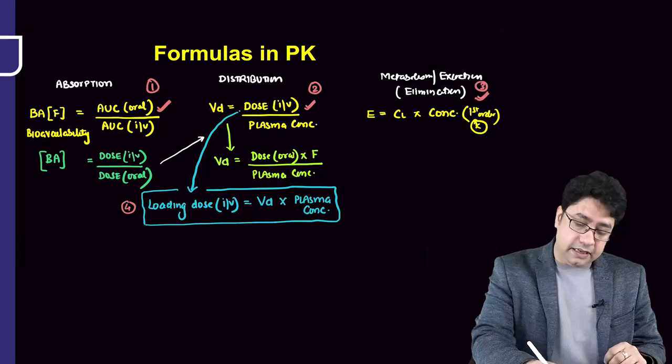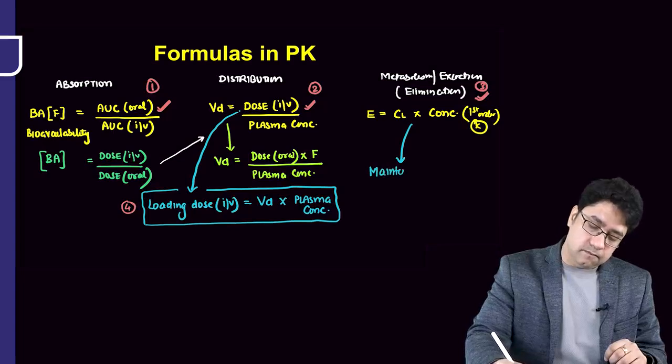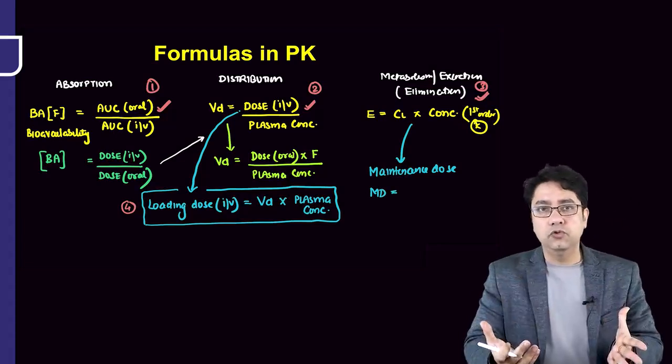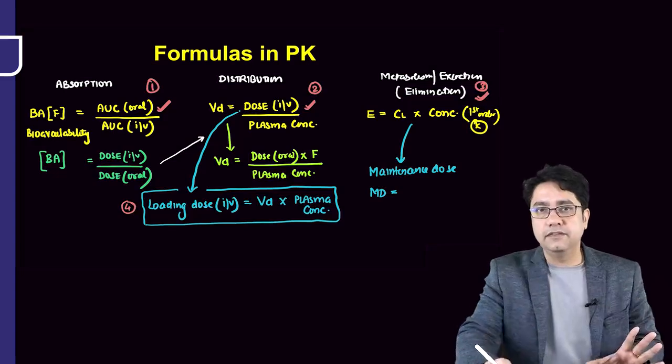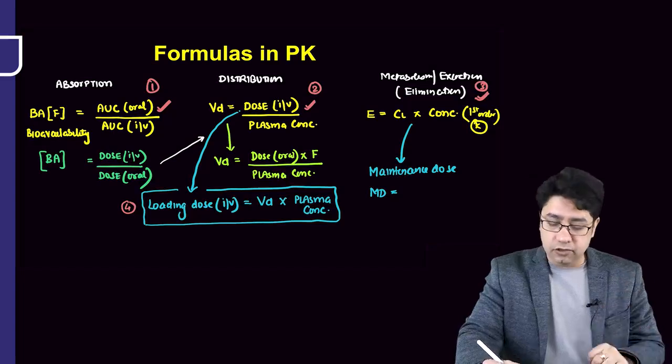And from elimination, we will derive another formula of maintenance dose. And I will be telling you that maintenance dose is nothing, it is equal and opposite to elimination rate. So elimination and maintenance dose, they have same formula.